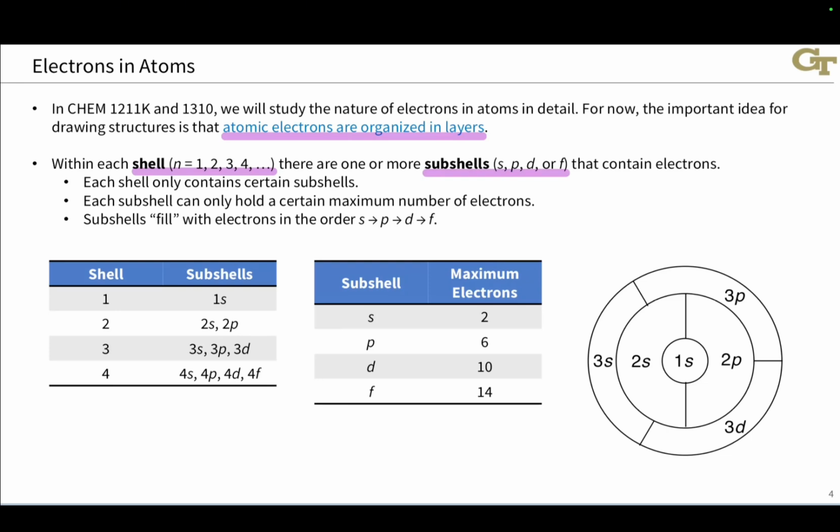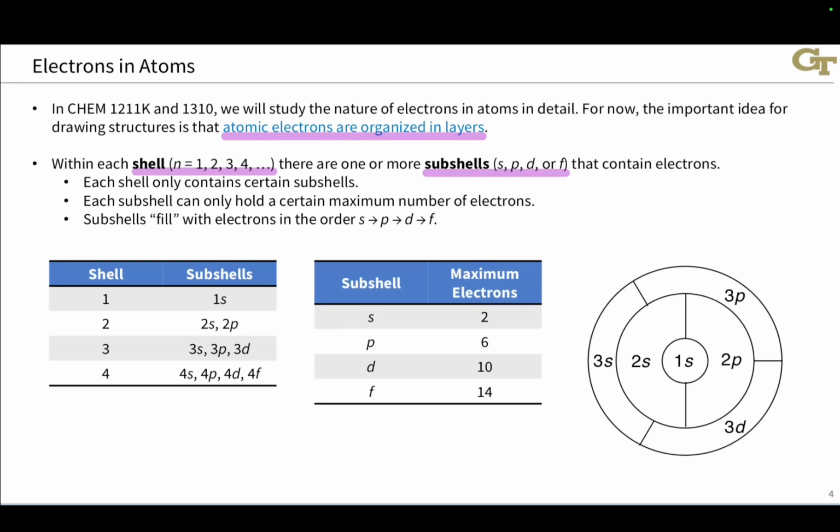Each shell only contains certain subshells, and each subshell can only hold a certain maximum number of electrons. When we think about where electrons are located inside the atom, each subshell only has a certain number of seats on the bus, if you like, or chairs in the room.